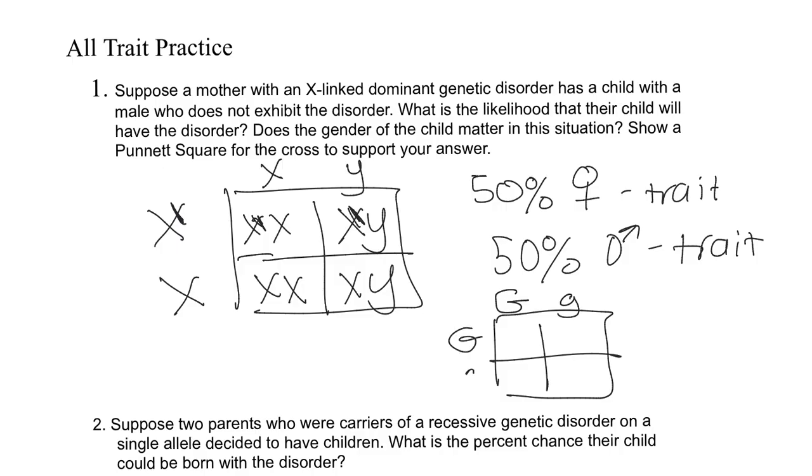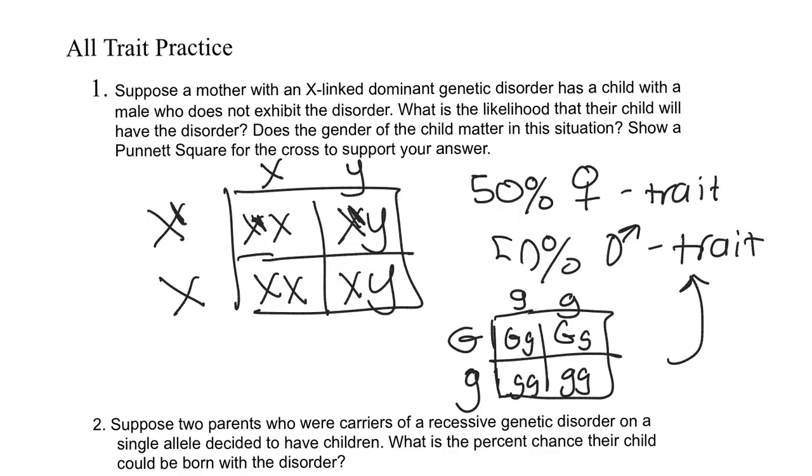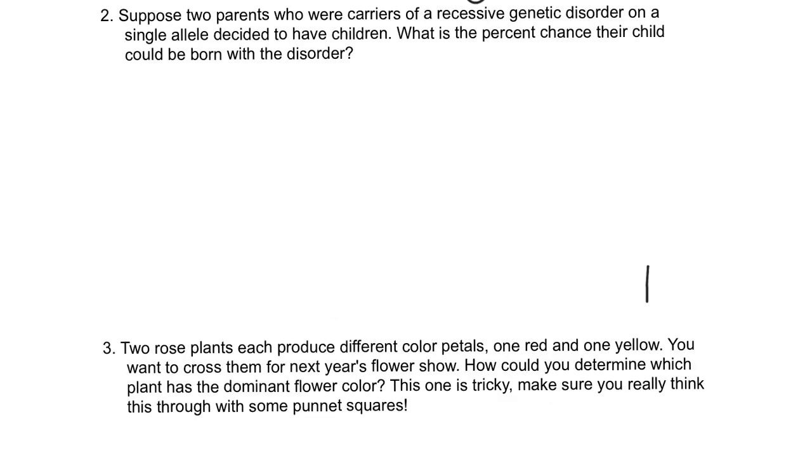If this is the dad, he would actually be recessive, right? Because he doesn't have the trait. And we'll say the mom is heterozygous, right? So in this case, we would get 50% with the trait and 50% without the trait. And as you can see, that's exactly what we got there. So the gender doesn't matter, but that is how that question would be answered.